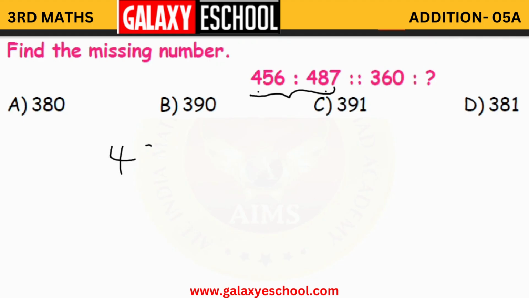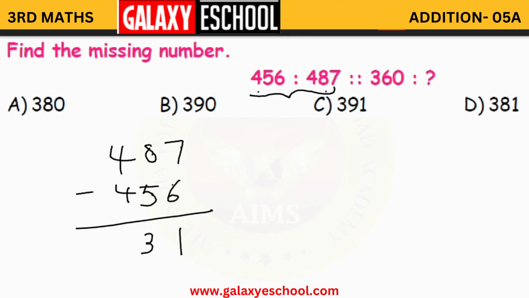Let us subtract these two. 487 minus 456. What will we get children? 7 minus 6, 1. 8 minus 5, 3. 4 minus 4, 0. So by subtracting these two, we got 31.